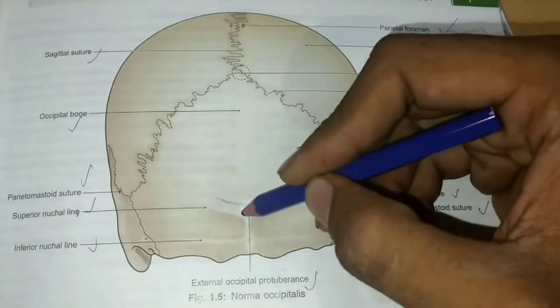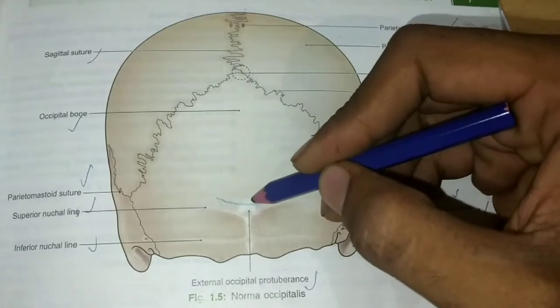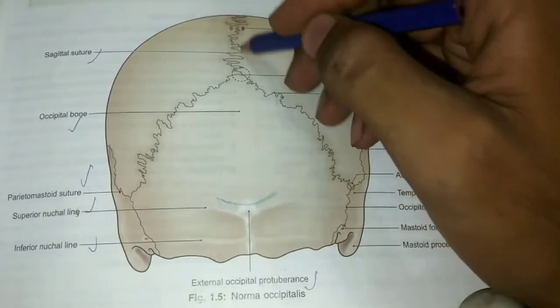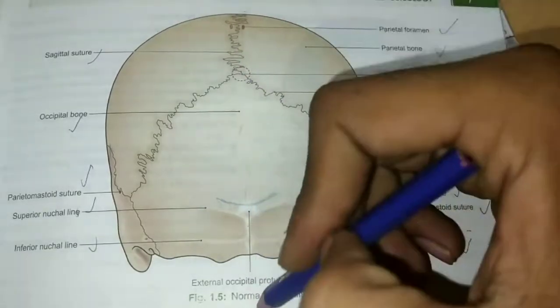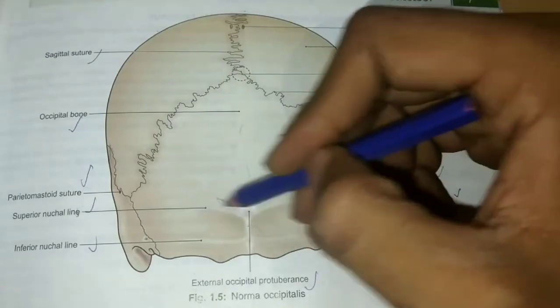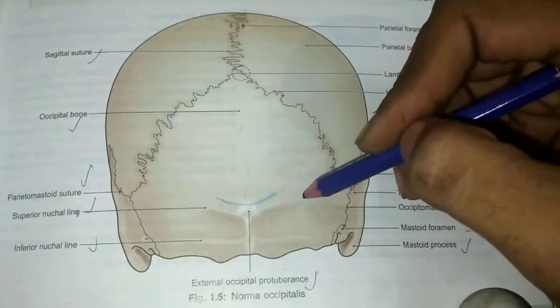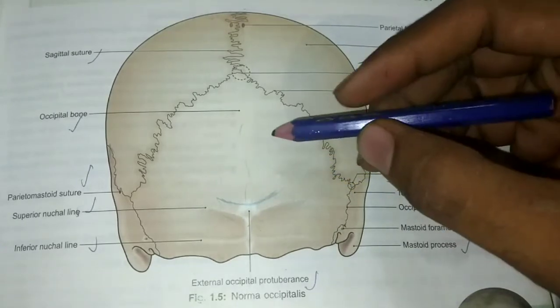These lines are small elevations that move laterally from the external occipital protuberance. If I draw a line here, this is the median line, and the superior nuchal line moves away from this line. That means it is moving laterally to the median plane of the body.